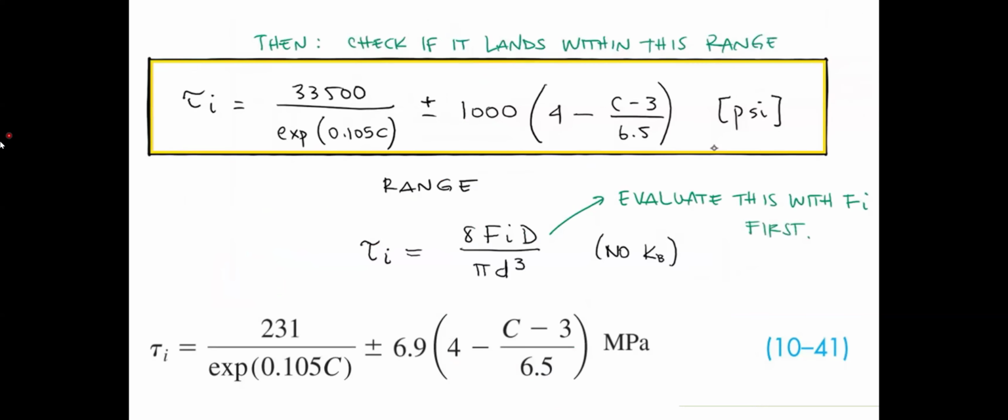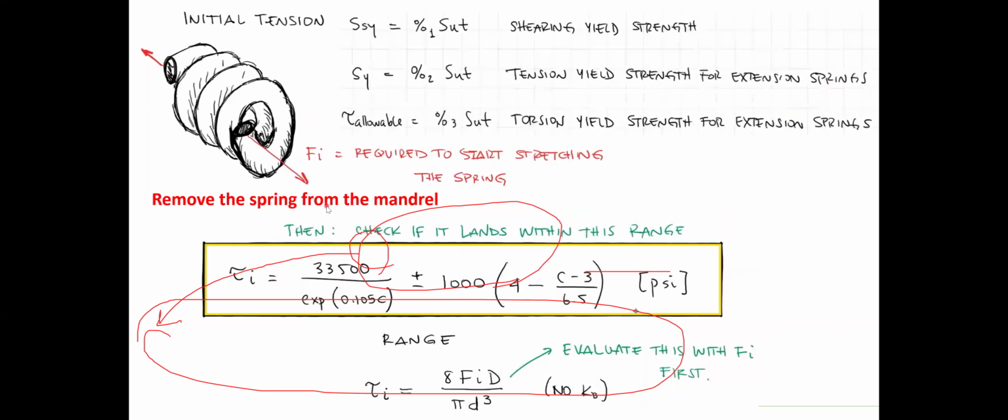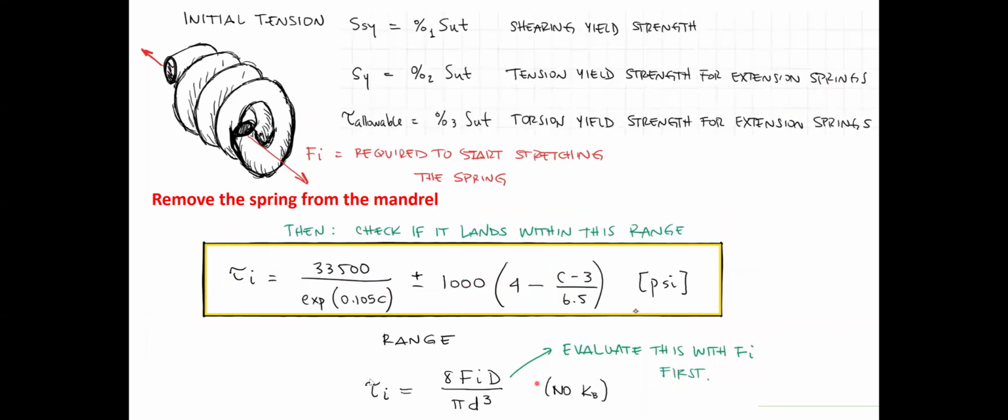In SI units, we can use this equation to evaluate tau i, the initial stress. We can evaluate the sigma i by using this equation first without the KB. Let's first evaluate the tau i, whether it's within the range.